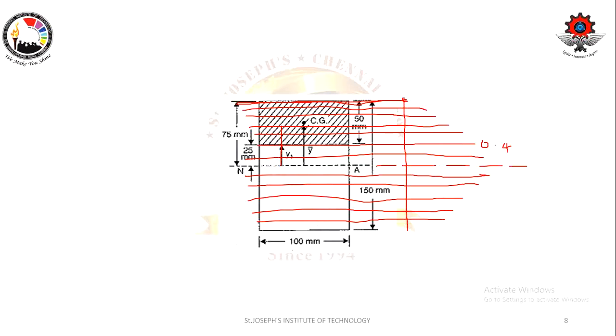Now if you connect all these points, you will get the shear stress distribution diagram. This is the point where you are going to get the maximum shear stress, and it corresponds to the neutral axis. So the neutral axis has the maximum shear stress value, right?